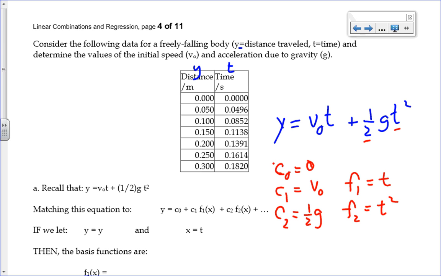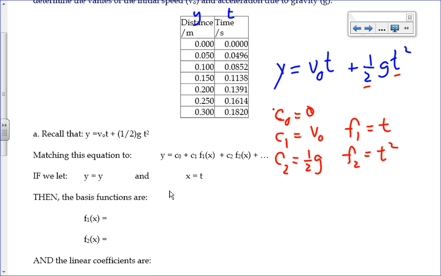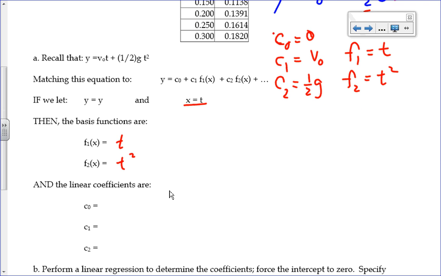It doesn't really matter. Okay? So if you're going to set it that way, y is, x is time, right? So F1 is t and F2 is t squared, and your linear coefficients are C naught is 0, C1 is V naught, and C2 is 1/2 g.